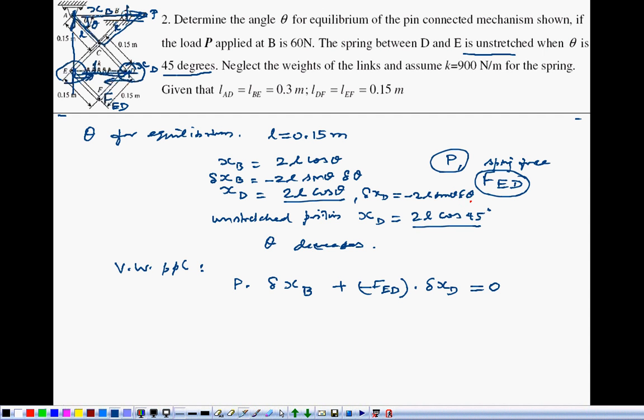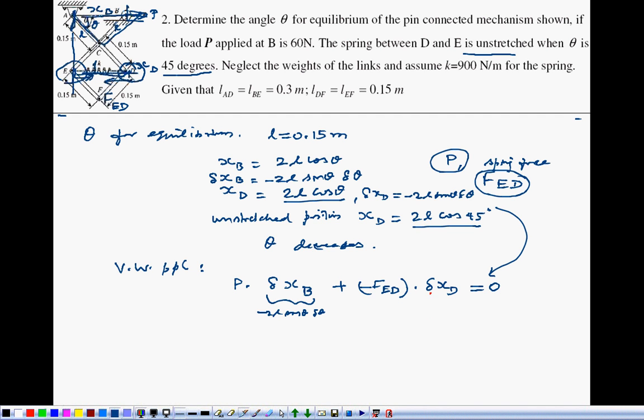So as you can see, as delta theta increases, delta XT decreases. We substitute that over here, and it is now possible to find out theta.